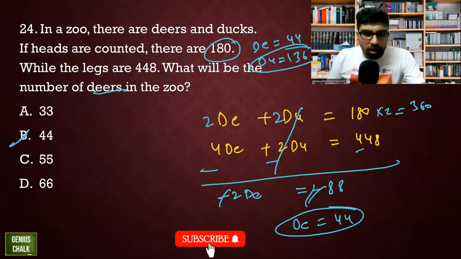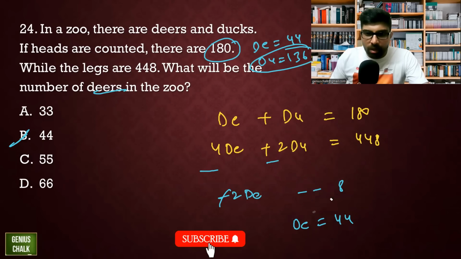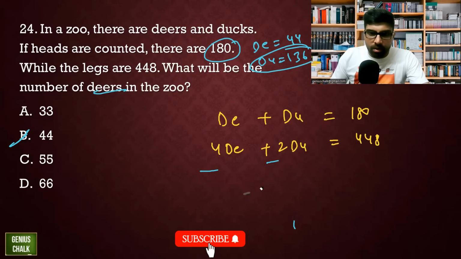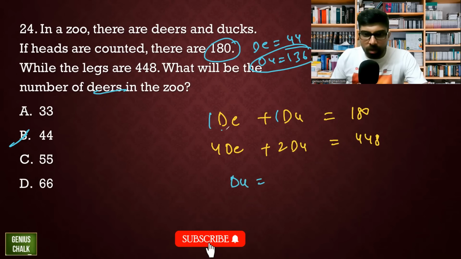This is the first way. Solving this by equation, we can solve. Let's try the next. Now, this is 1, this is 1. For finding ducks, leave this, multiply this.